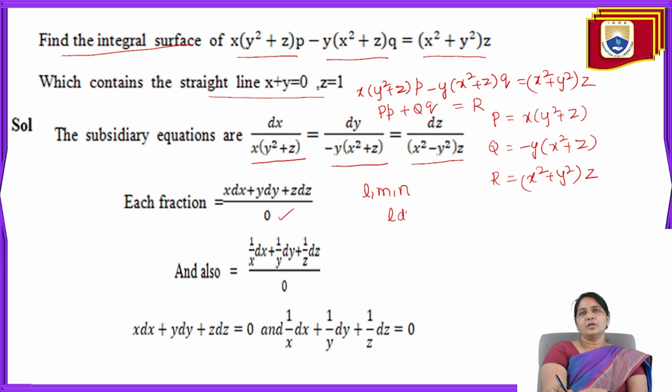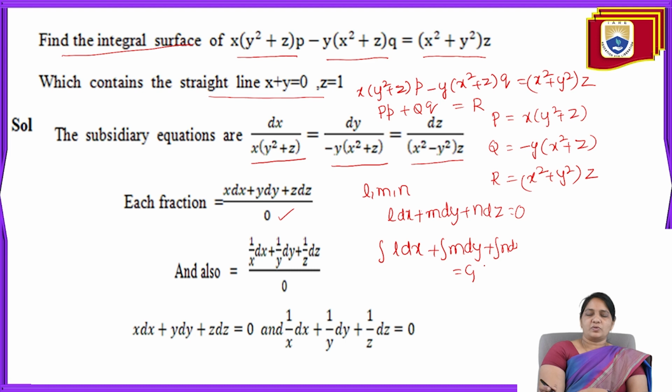L into dx plus M into dy plus N into dz should be 0. Then we can integrate this one. So integral L dx plus integral M dy plus integral N dz equals some constant. So this is our solution.